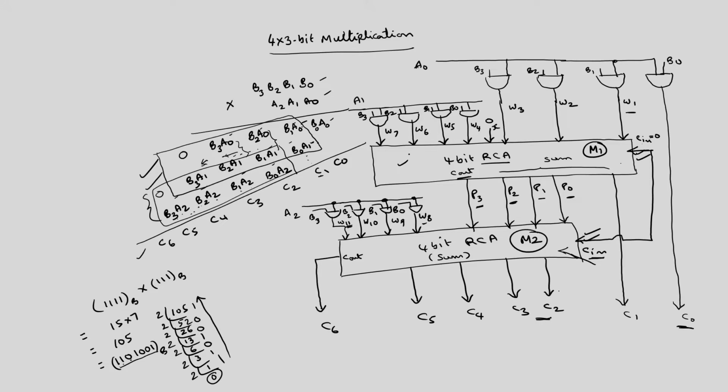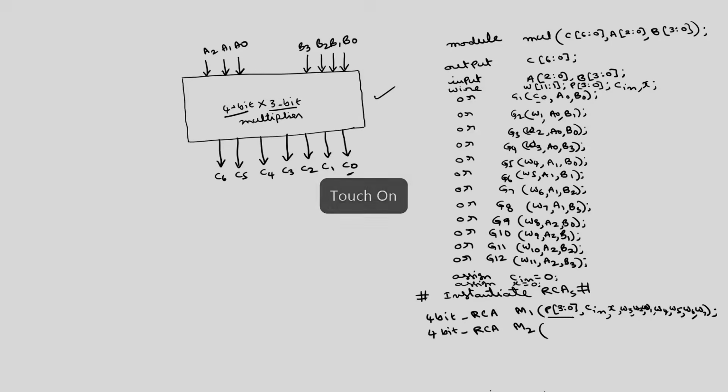For this ripple carry adder, C1 is also an output, so you have to write C1 also, comma C1. Okay. The final outputs are C6 to C1, C0 already generated. So, remaining are C2.